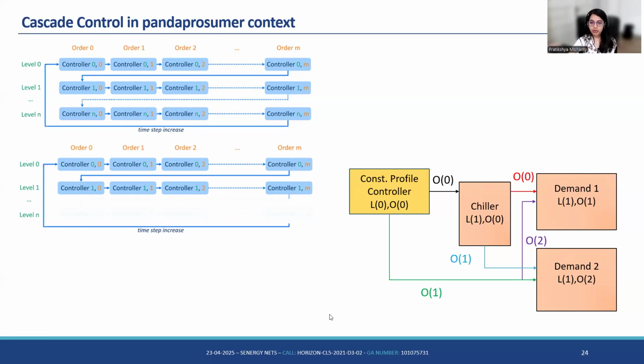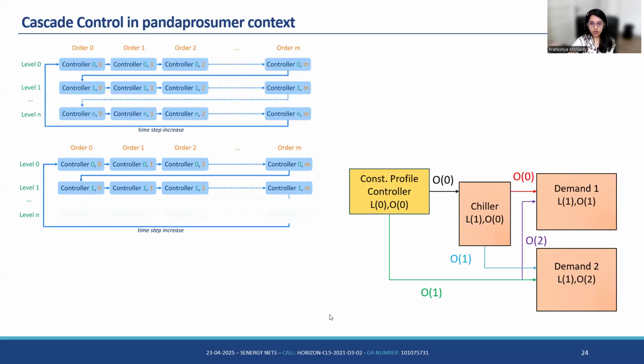So, for example, on the left, you see that there is a chiller and it has to meet two demands. And for the chiller, it's important that it knows in which time step it meets which demand. And in such a situation, it is important that the mapping, as in the interconnection, is being allotted an order. And the lower order mapping would mean that the demand that it is connected to is always met first.